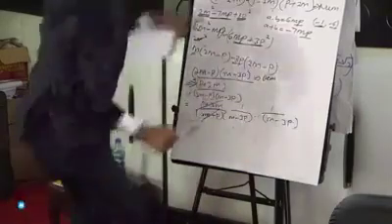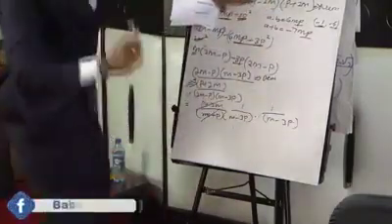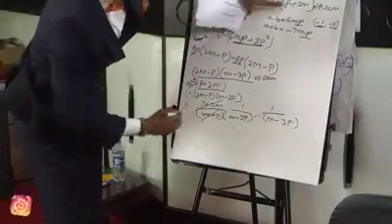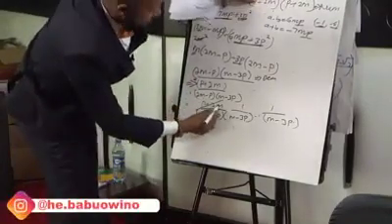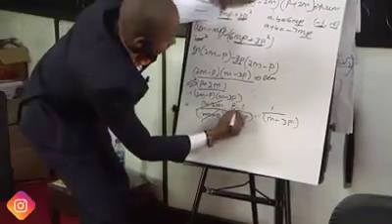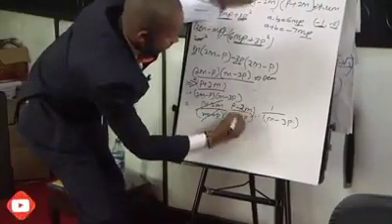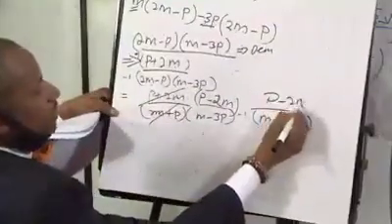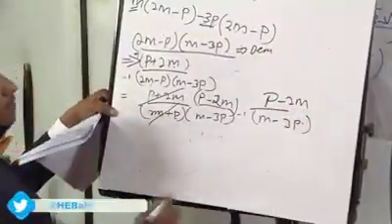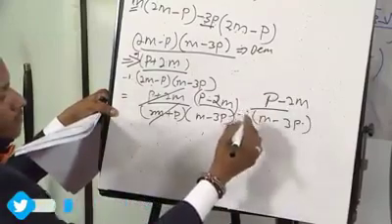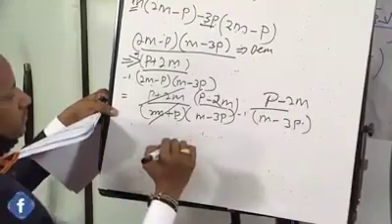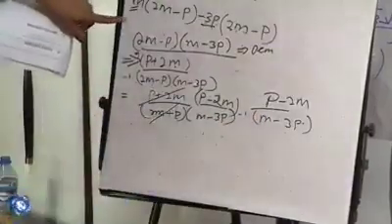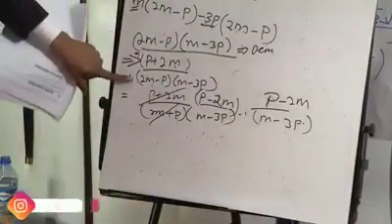This was a difference of two squares, sorry. That is why I was not seeing it coming out. So this is p plus 2m, and then this is p minus 2m. Here we have p minus 2m. Remember, we still have a negative. So let me take you back a little bit because I've introduced a negative here.